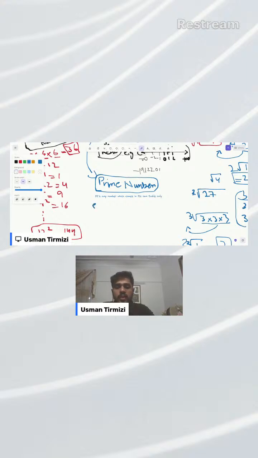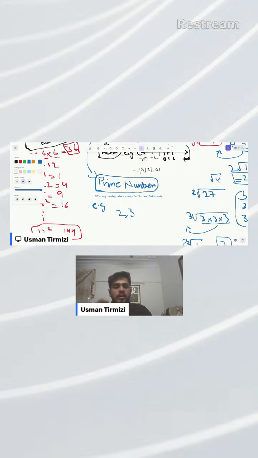Okay, so let's start with a few prime numbers. Can one be a prime number? Two is a prime number. We usually don't take one as a prime number because it's a basic number. Apart from that, a prime number can be 2, it can be 3. Can 2 be divided by any other number?